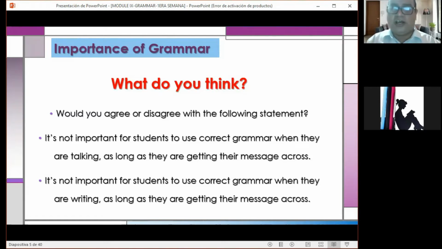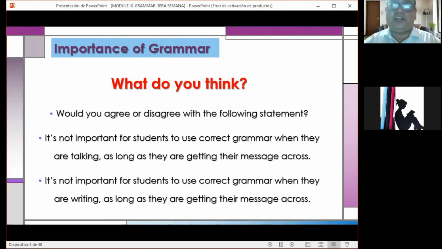When we write, it's generally supposed that we have more time to analyze, more time to think what we're going to say or write on the paper. So it means that we're going to use more correct structures when we write, no? But as you told us, there must be a balance, no? There must be a balance.